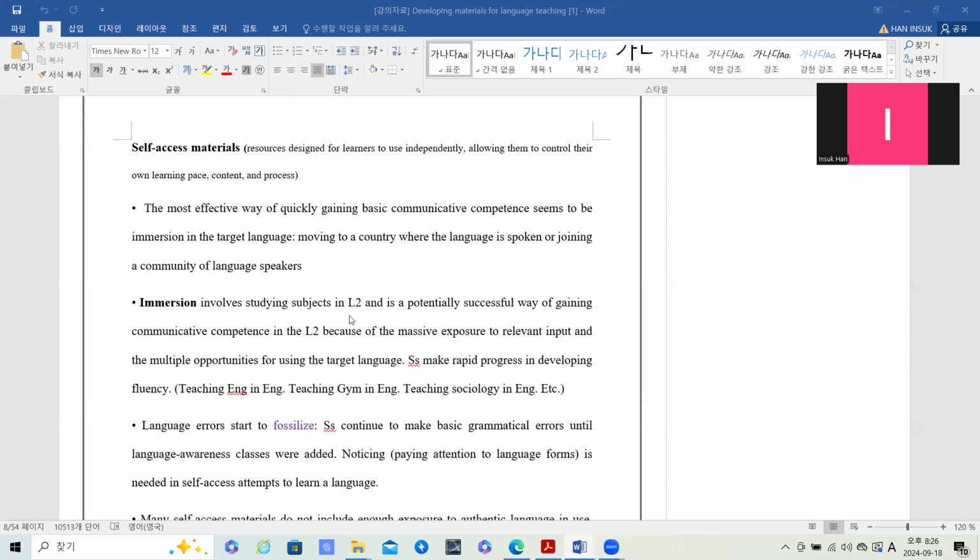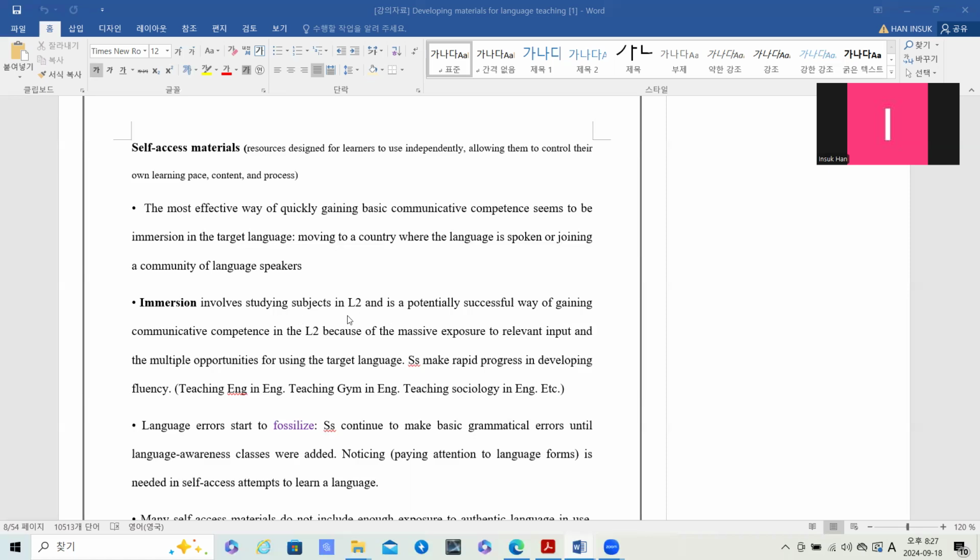L1 is a mother tongue, and L2 means the target language for the Korean learners or the learners of EFL. The L2 means usually English. So in this context, you can regard L2 as English. So immersion involves studying subjects in L2.